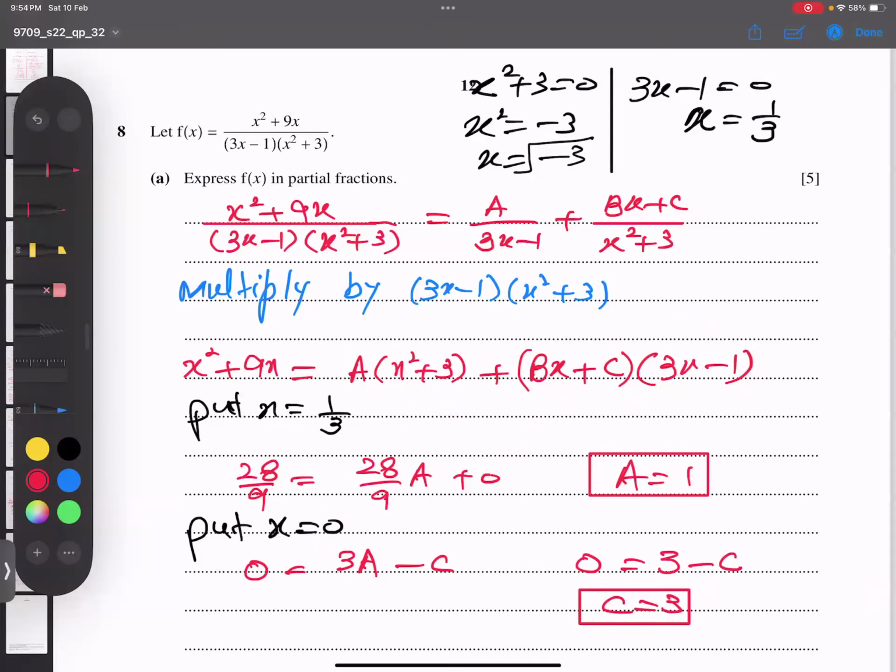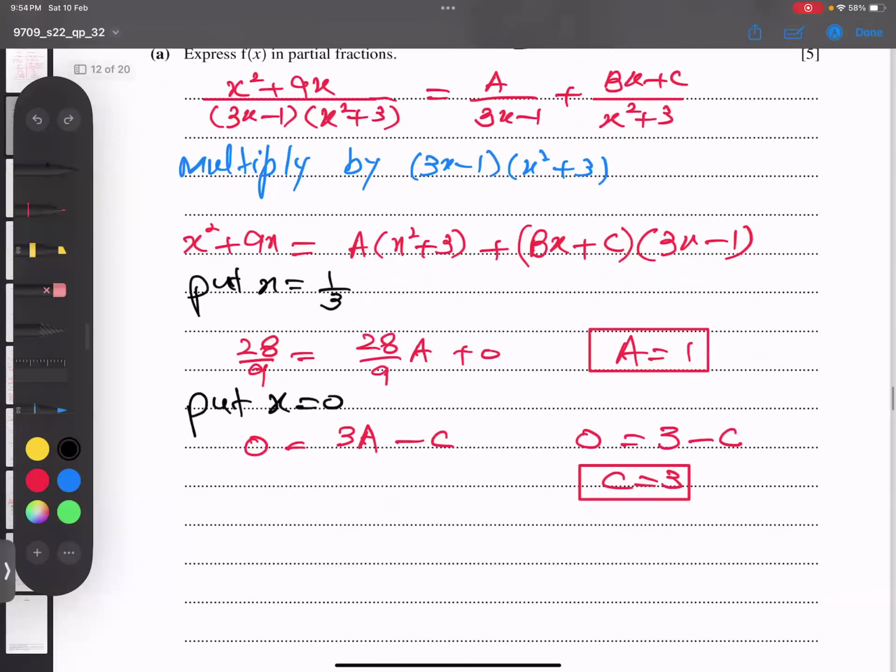Alhamdulillah. Now the question comes in our mind: sir, we got A and C, why not B? I can put any other number, even x equals 1 or 100 or 1,000, no problem at all. So I will plug in 1 here.